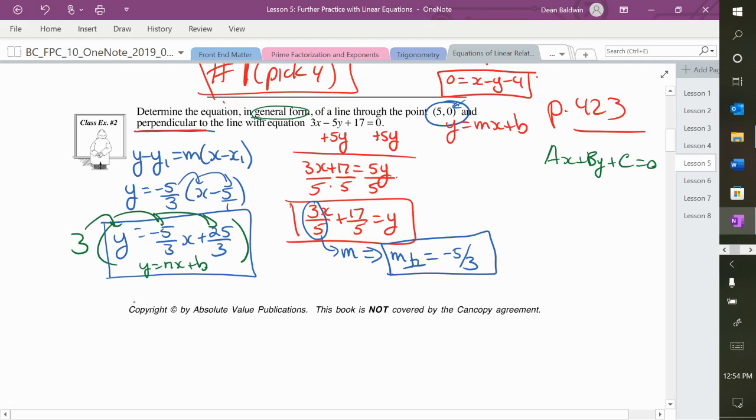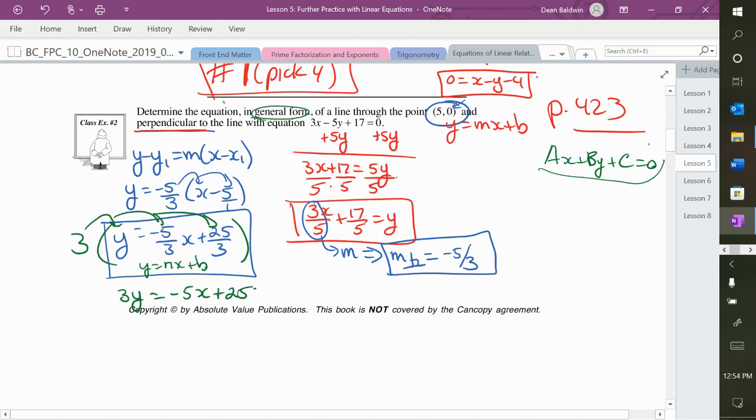What's 3 times y? What's 3 times negative 5 over 3? It's negative 5. Because the 3's will just cancel each other, right? You would get negative 15 over 3, which turns into negative 5. And then the last one's going to be plus 25. So now I have 3y is equal to negative 5x plus 25.